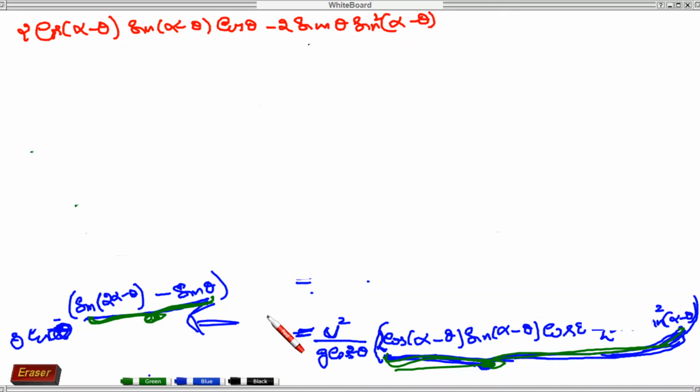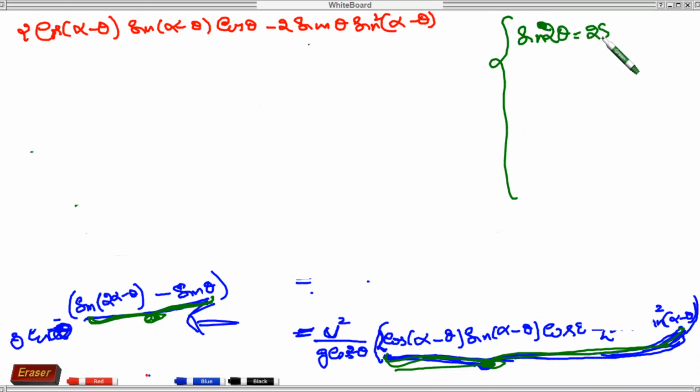This was the equation. In trigonometry, there is a thing like sine 2 theta is equal to 2 sine theta cos theta.